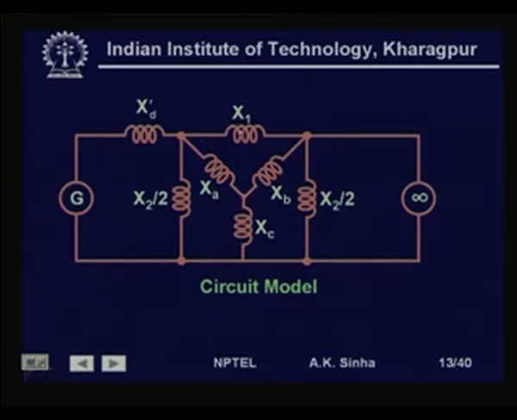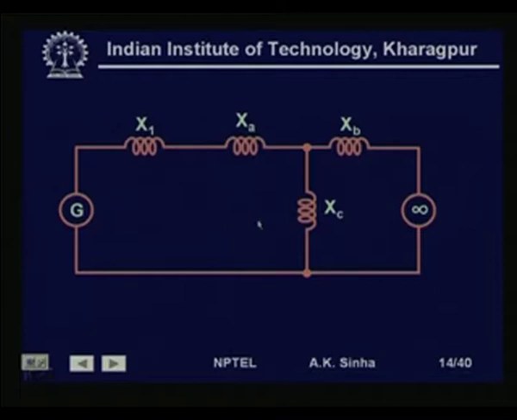That is, for this delta that we have, we can convert it into an equivalent star, and the impedances for that equivalent star will be x a, x b and x c. So, under this situation, the circuit will look like this, x a, x b and x c here, and we have now x 1 and x a in series here, x b on this side and x c here.